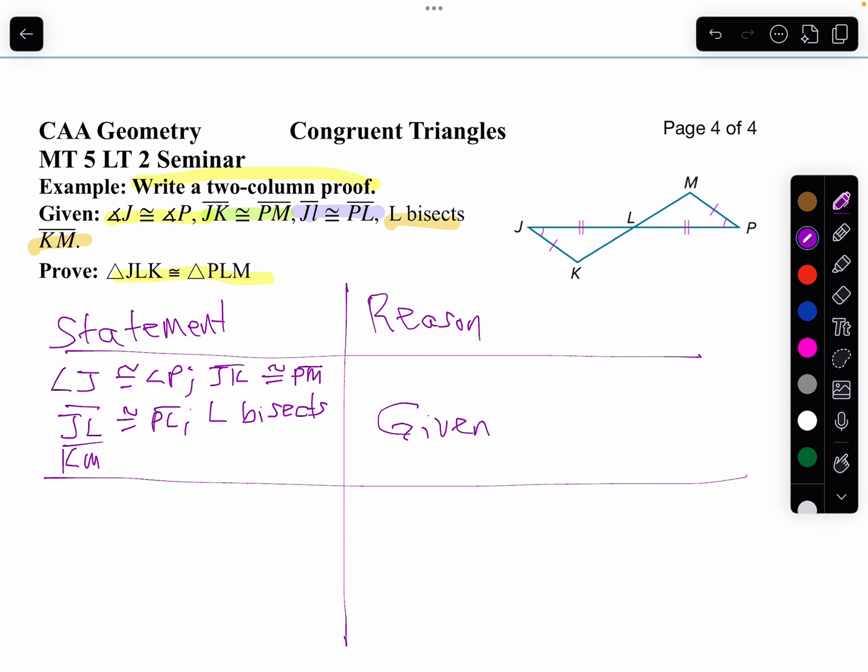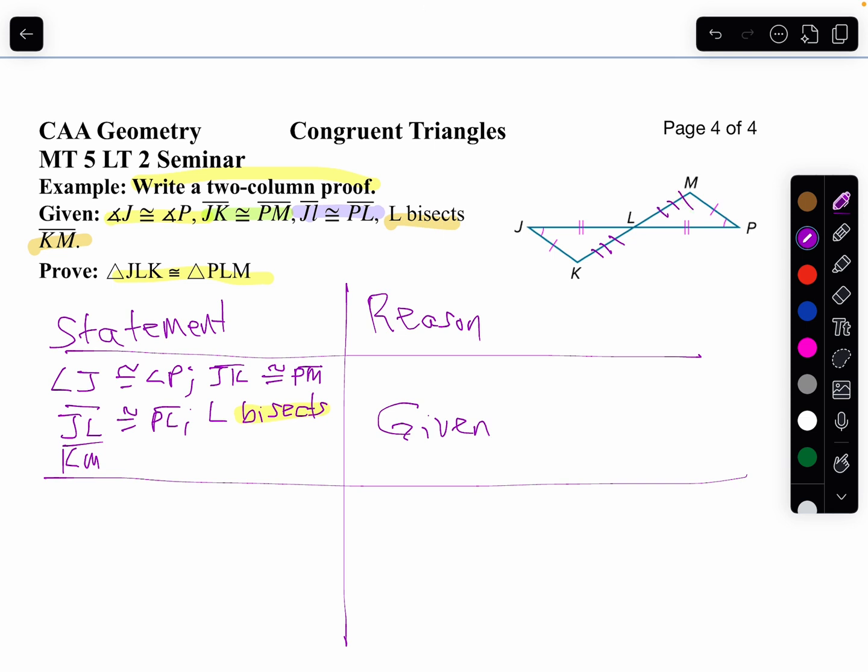Now what I'm going to do is look at that first vocabulary word. What does bisect mean? Well, bisect means it goes through the middle. So since it goes through the middle, that tells me KL is congruent to LM or ML. I don't care which way you do it.